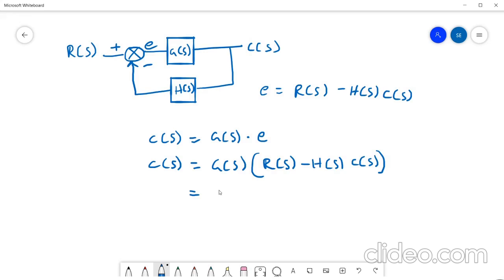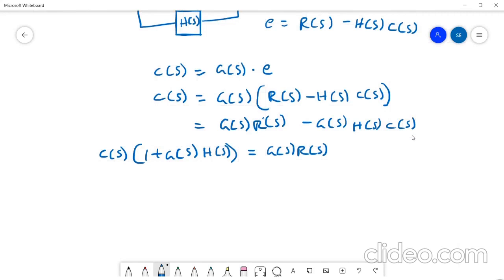right? Now we'll send this negative term on left side so that we can take common of C of S. C of S can be taken common, 1 plus G of S into H of S, right? That is equal to G of S into R of S. Fine. Now we'll take C of S by R of S, that is output by input.